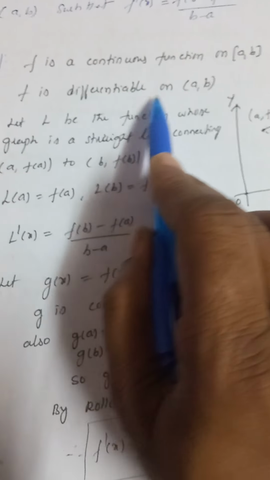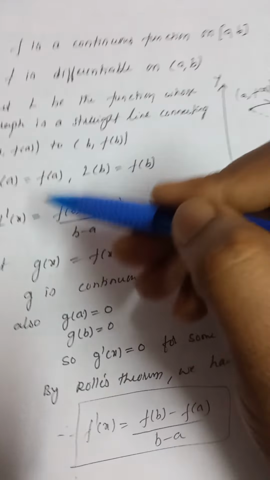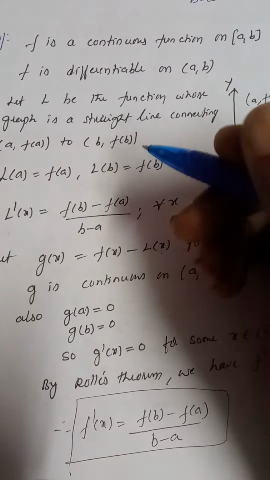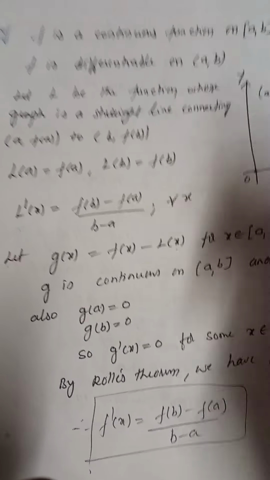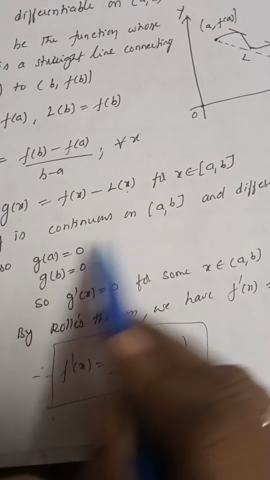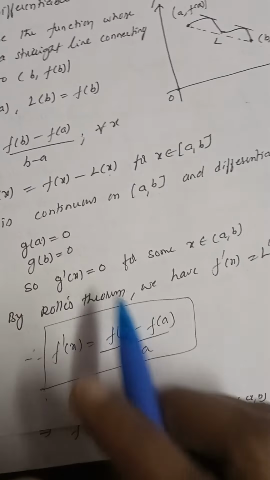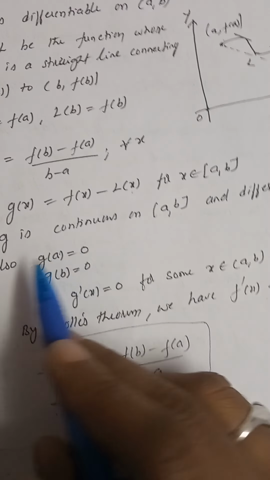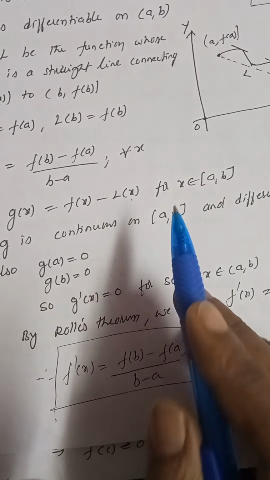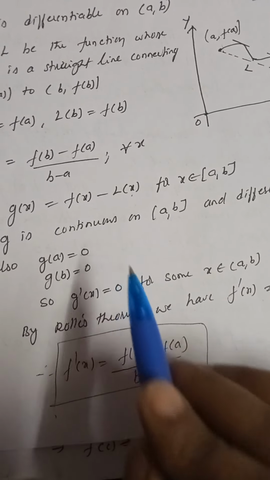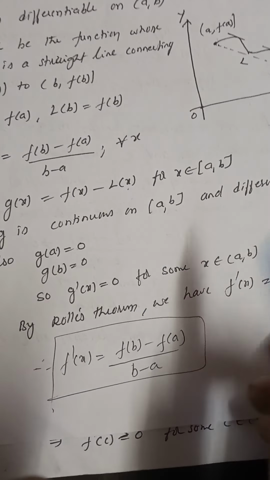Given that f is differentiable on the open interval (a, b), and we know that L of x is also differentiable, since every straight line graph is differentiable. Therefore g of x is continuous on the closed interval [a, b] and also differentiable on the open interval (a, b).